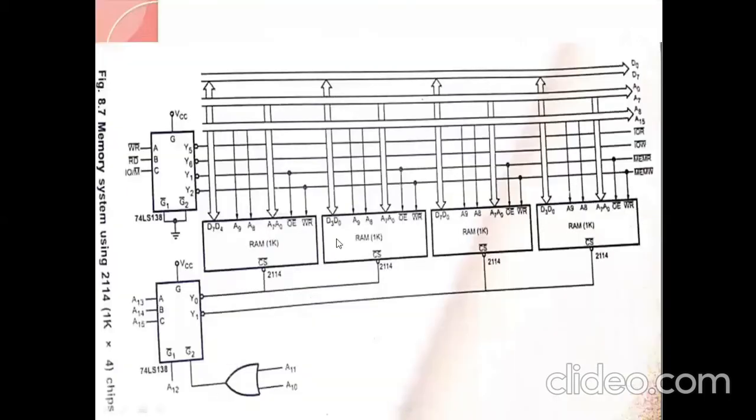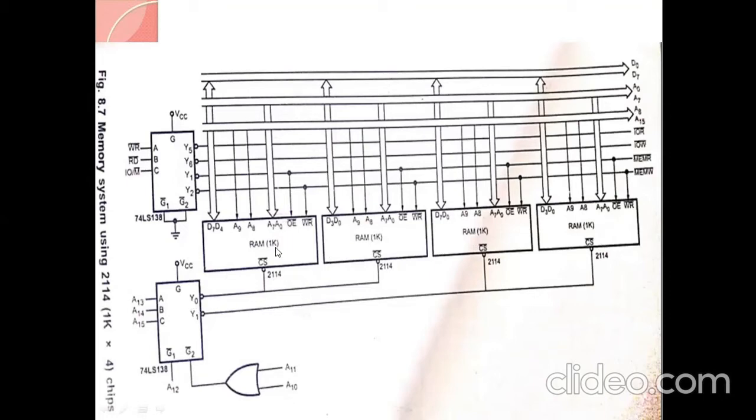Here there are 4 RAMs and 2 decoders. The top decoder is used to select whether it is a memory read operation or memory write operation, and the bottom decoder is used to enable the RAM. Each RAM is 1 kilobyte.